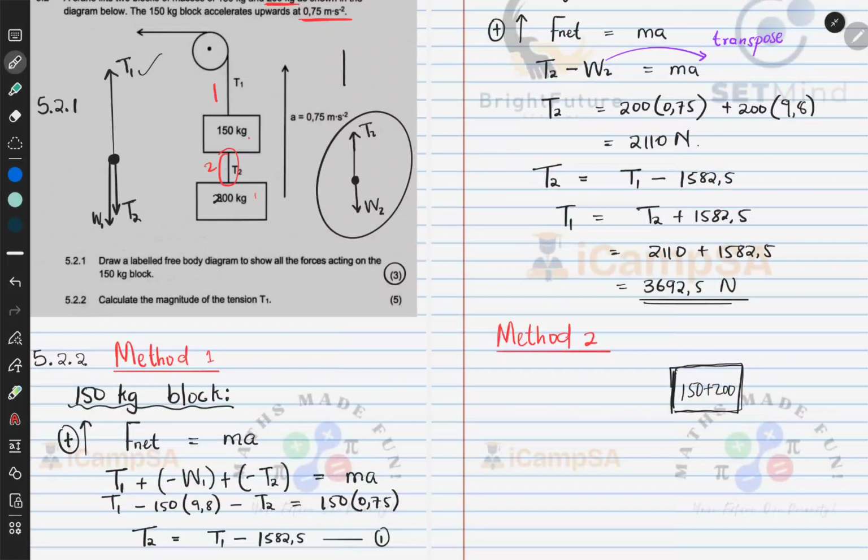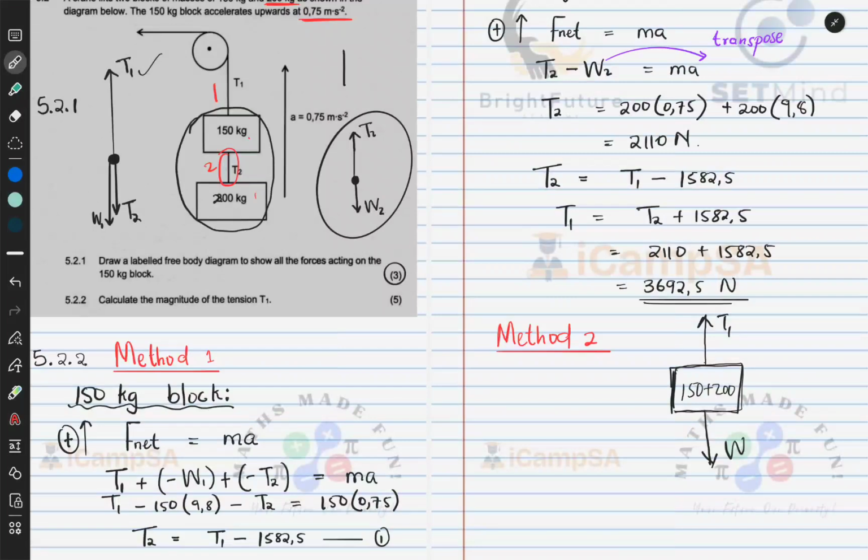Now the only forces that we can see are T1 and the weight of this whole big block. So you only have these two forces acting on this big block. You won't see T2 anymore, right?